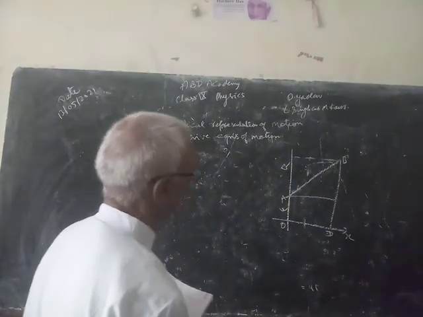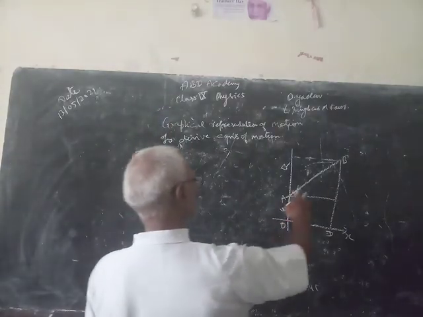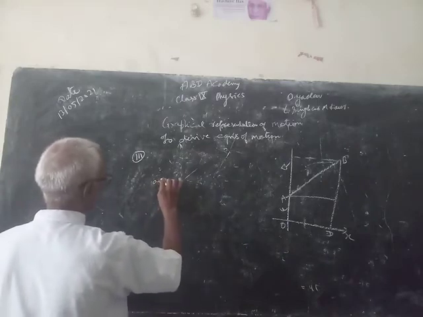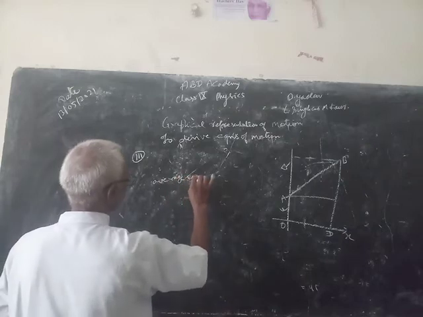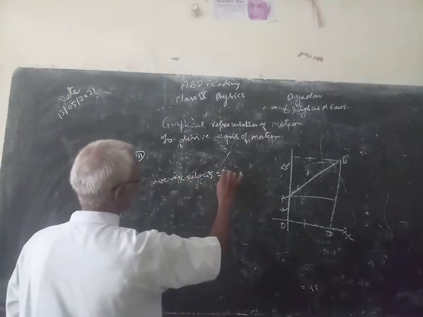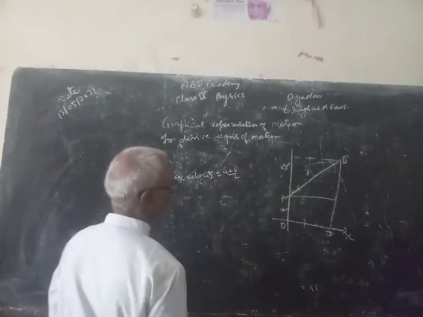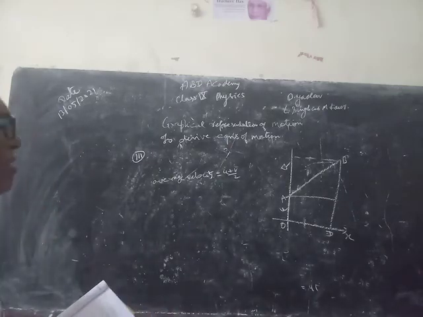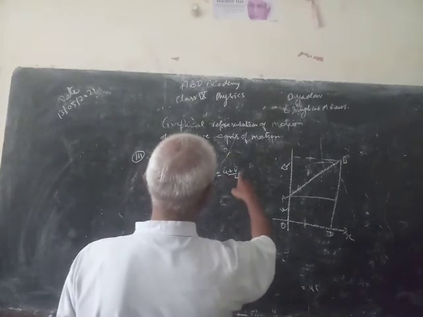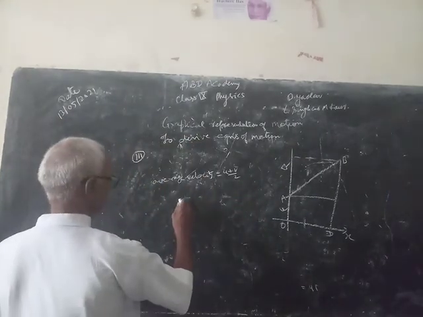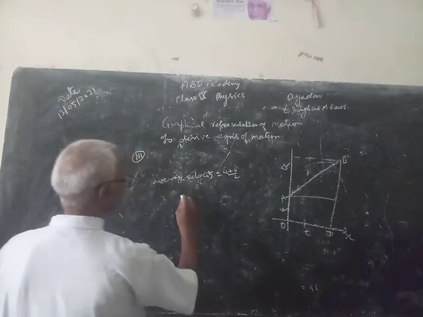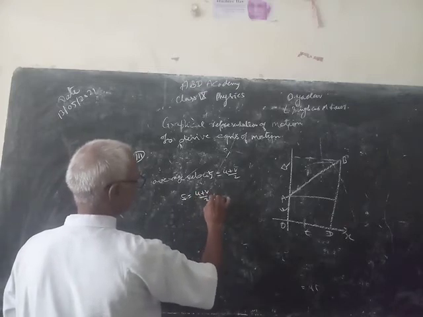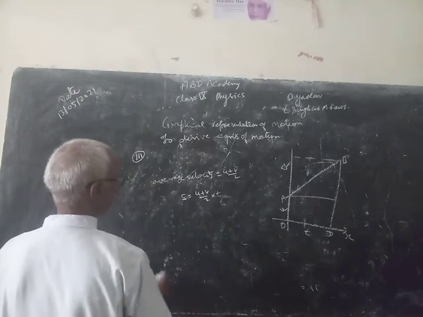So here also, if motion starts from A and goes to B, then the uniform average velocity is U plus V by 2, because the motion is uniformly accelerated, so velocity can be taken as (V plus U) by 2, and time is T here, so S is equal to the average velocity (U plus V) by 2 into time.